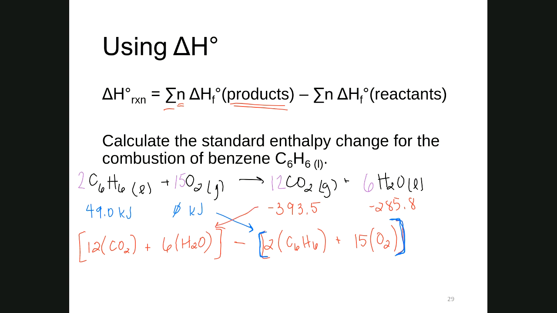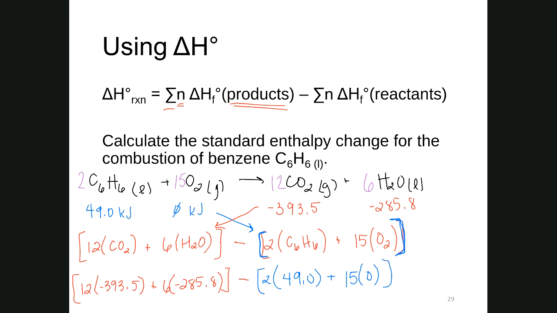So now we're going to plug in the actual values. So we're going to have 12 times negative 393.5 plus 6 times negative 285.8 minus 2 times 49 plus 15 times 0. So we can now plug this into our calculator and see what we get.